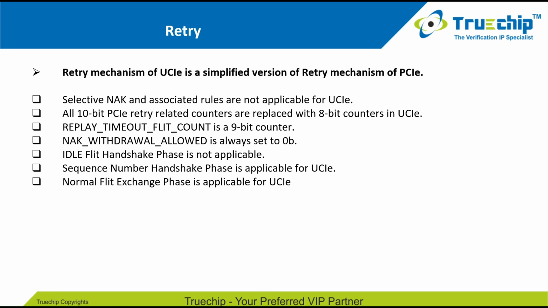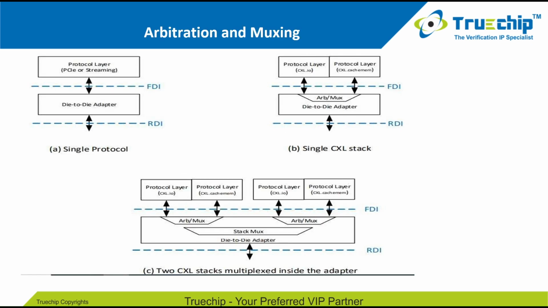And here is arbitration and muxing. This is a critical function if a die is supporting multiple protocols. The adapter is responsible for arbitration and muxing. The diagram shows different scenarios. The first is a single protocol, and the second is a single CXL stack with two protocols, like CXL.io and CXL.cache/mem, that must be multiplexed.